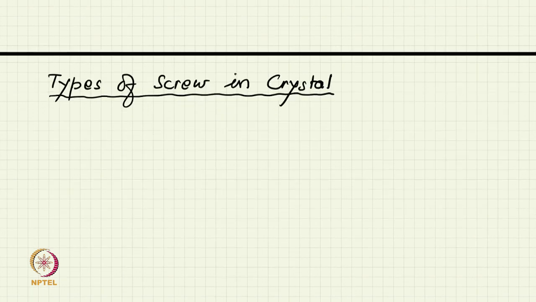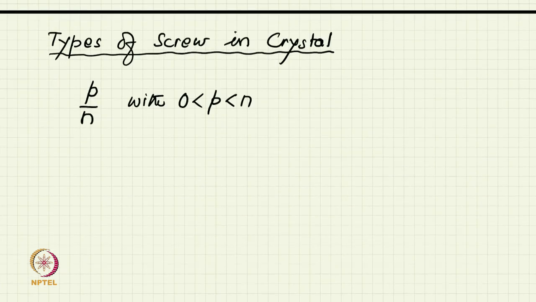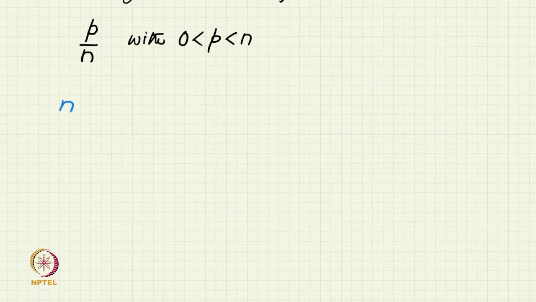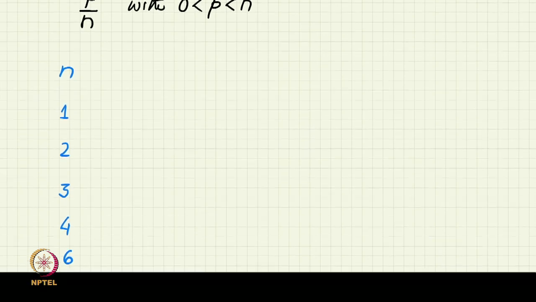So, it is defined by two integers p and n, with p less than n and greater than 0. The possible values of n we have seen are 1, 2, 3, 4 and 6.